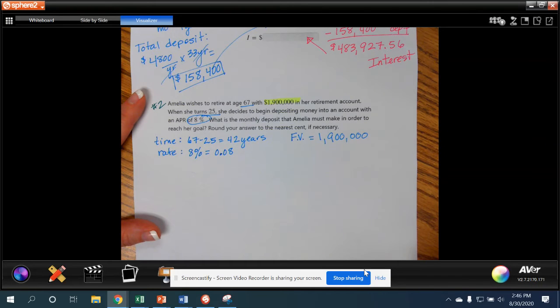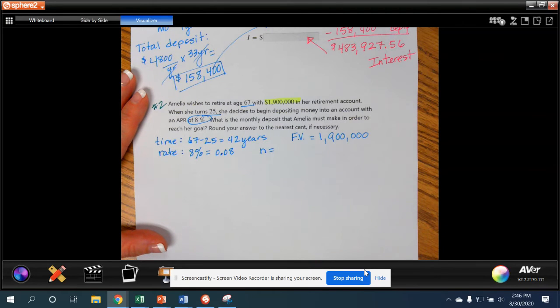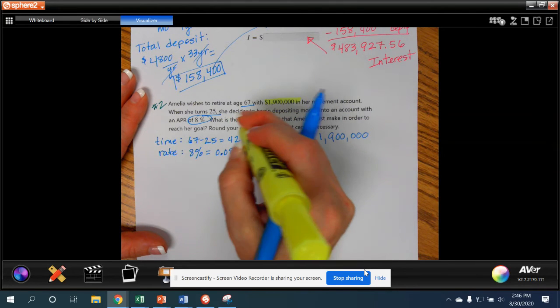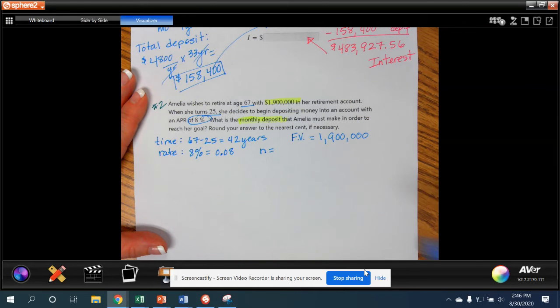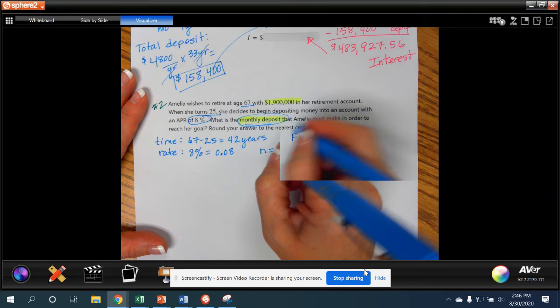Now, that N value, how many times in a month is it used? Instead of just saying the number, it is stated right here, monthly deposit. That is your N. It's going to be 12.